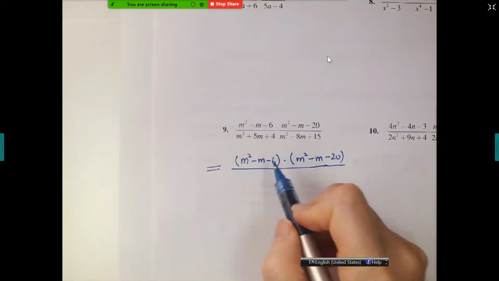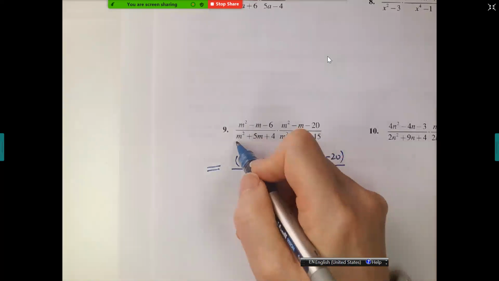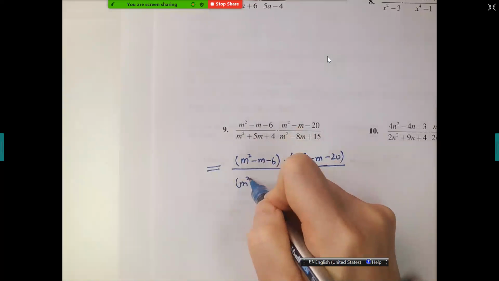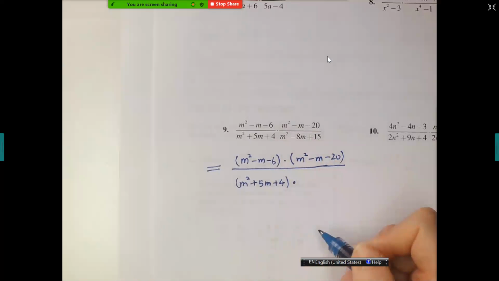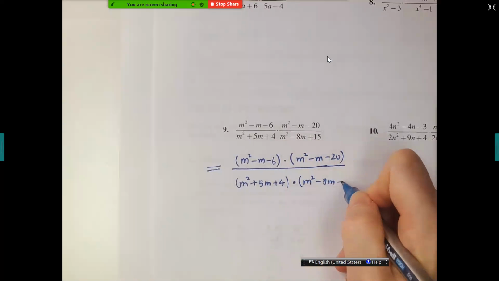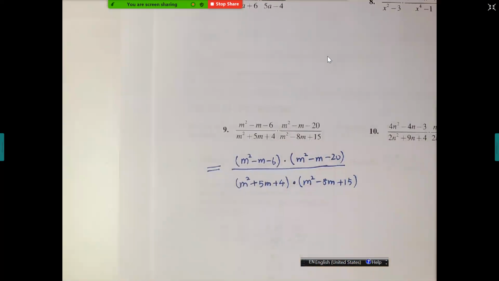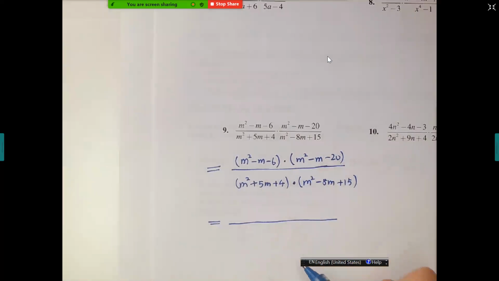So numerator 1 times numerator 2 over what? Over denominator 1, m squared plus 5m plus 4, times m squared minus 8m plus 15. So this is step 1. Step 2, I will go through every single parenthesis and try to see, can I factor any one of them?